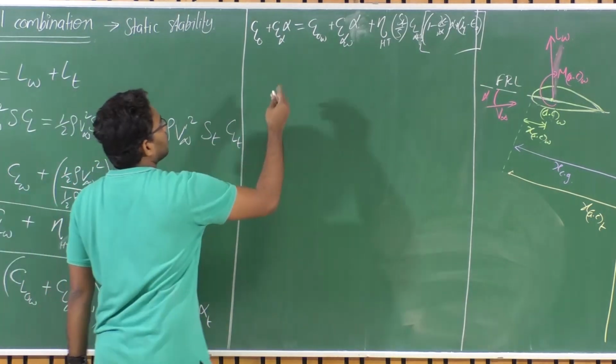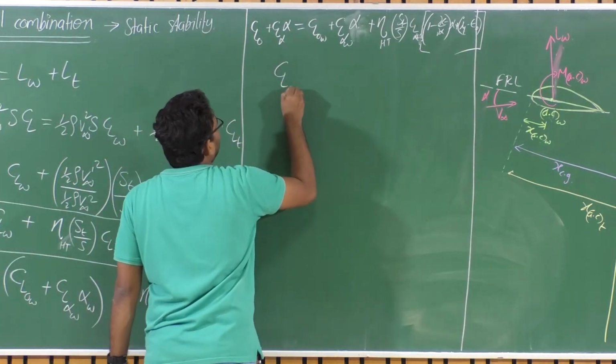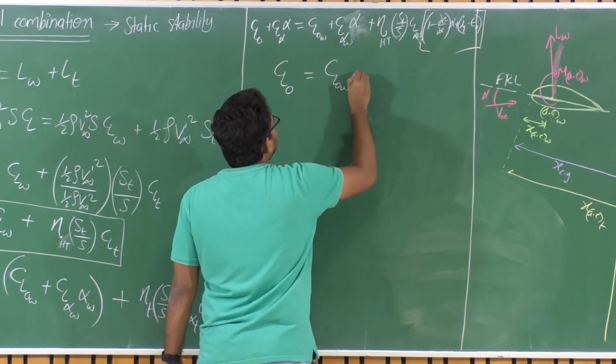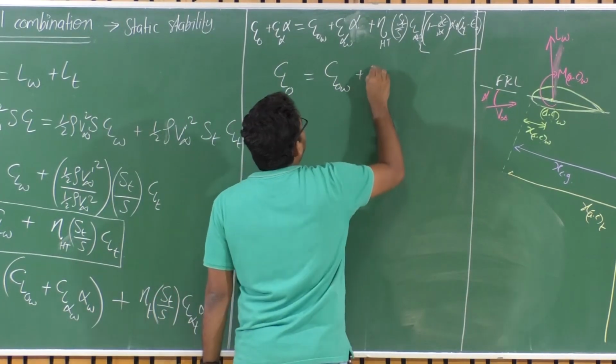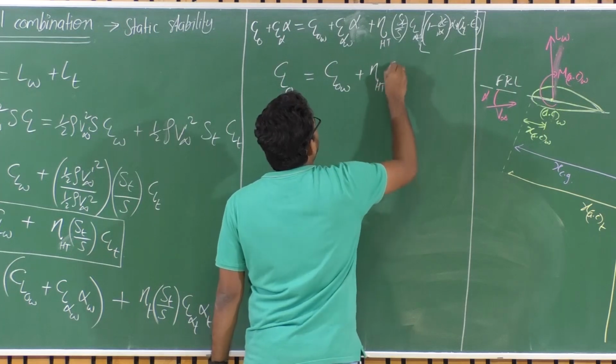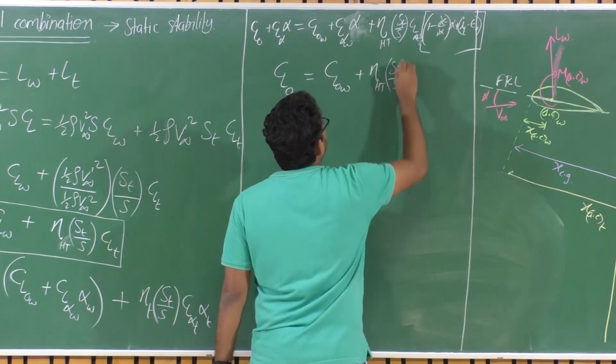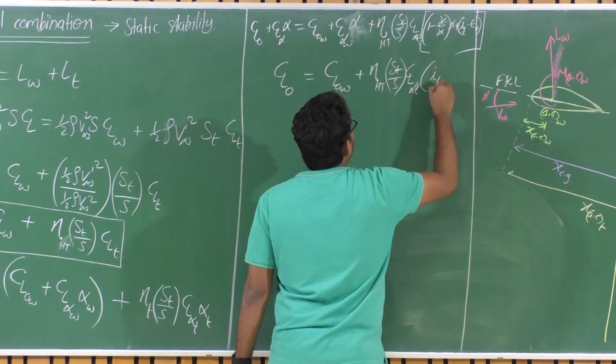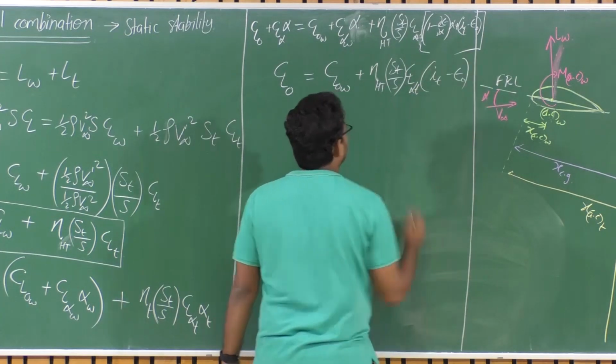So by comparing the constants and coefficients, the CL naught of the entire aircraft is equal to CL naught of wing plus eta of horizontal tail multiplied by S_T upon S times CL alpha of tail multiplied by i_T minus epsilon naught.